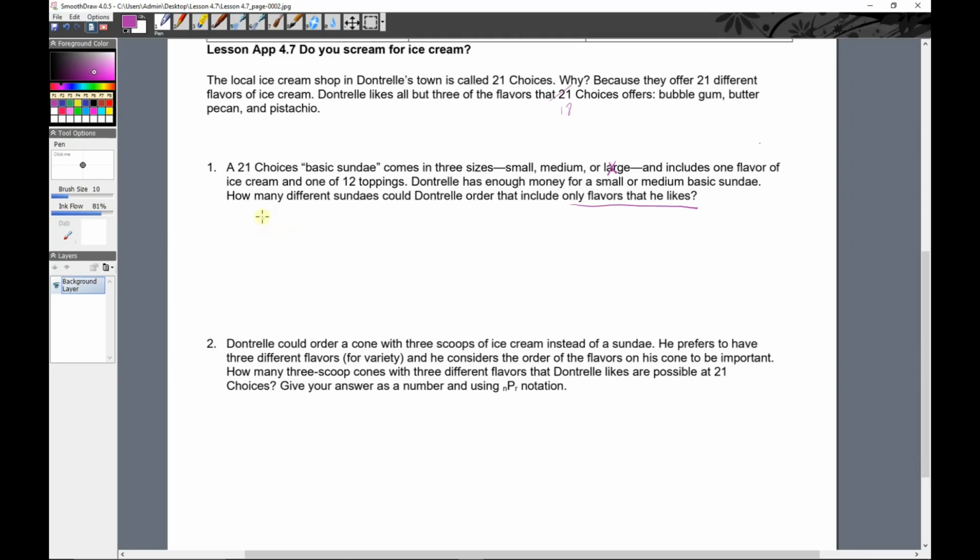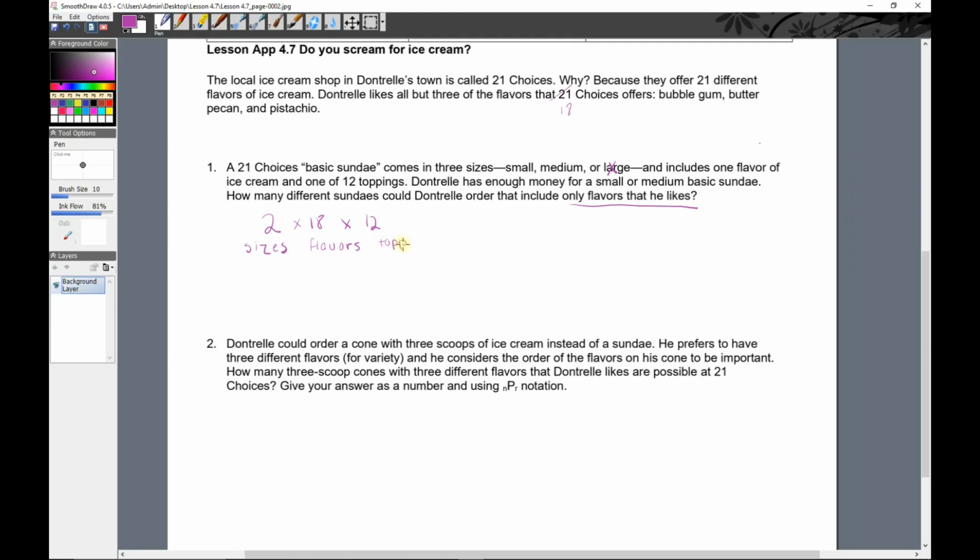Okay, so there are 2 sizes. Really, there's 3, but he can't afford one, so he can only pick from 2. There are 18 flavors, so times 18 flavors, because he doesn't like those 3 and he's not going to order them, times the 12 toppings.